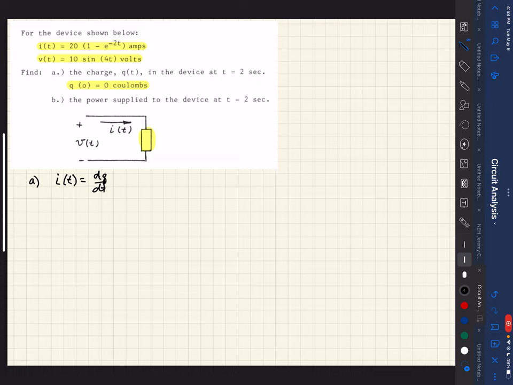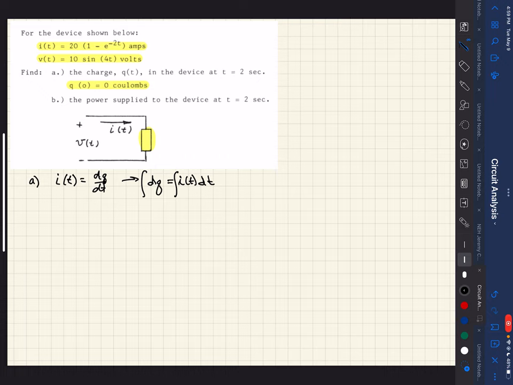So to do that, we integrate both sides. So that would be dq is equal to I of t dt. And then if we integrate both sides, then that will give us what we're looking for.